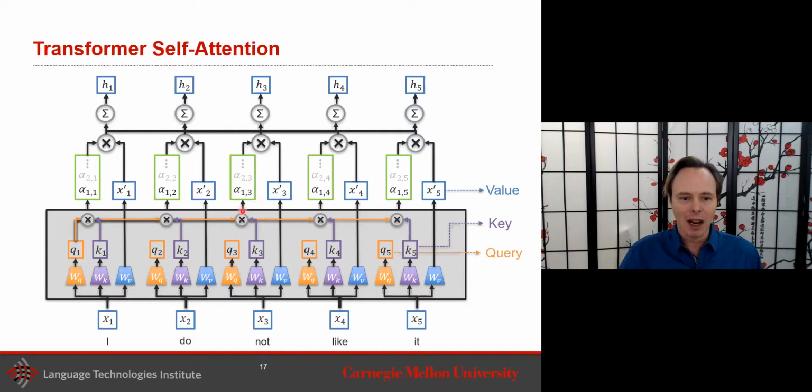That gives me how similar or relevant they are. That's what's called scaled dot product attention. It's just projecting both of them and then doing the dot product. That gives me the attention.